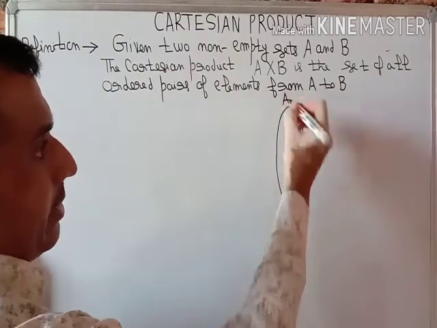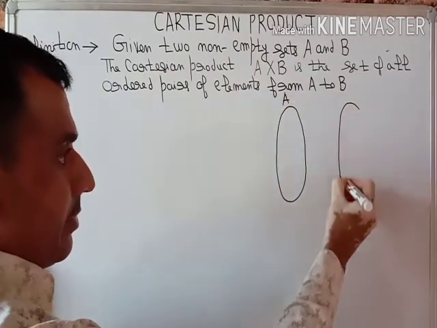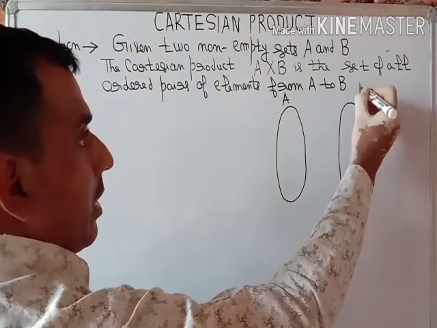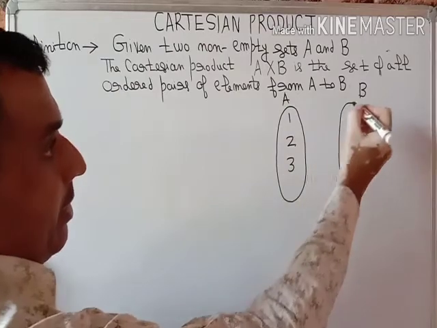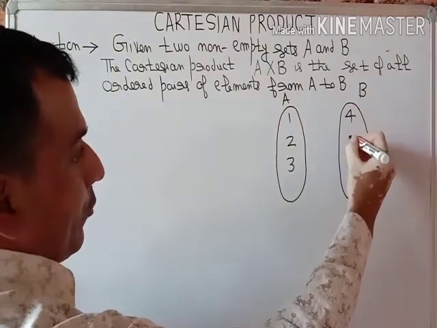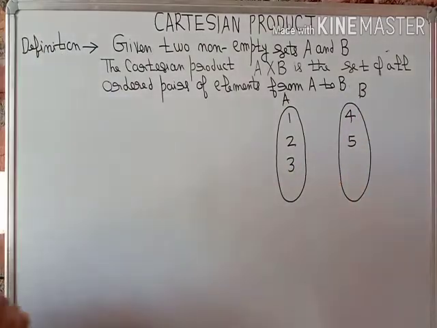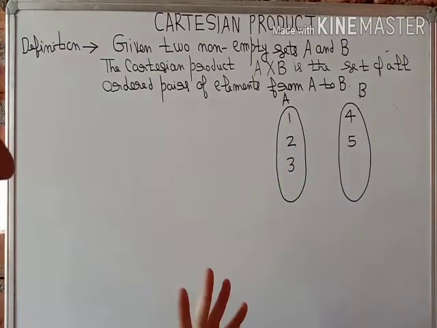This is A set and this is B set. Elements of A I take 1, 2, 3, and elements of B let me take 4 and 5, so that you can feel these sets are non-empty.